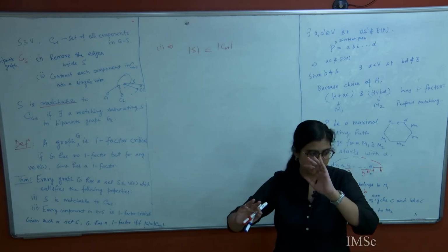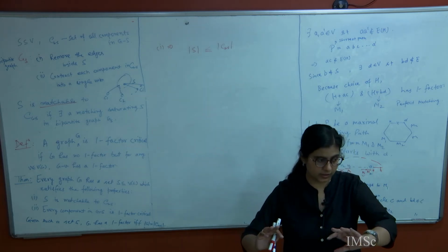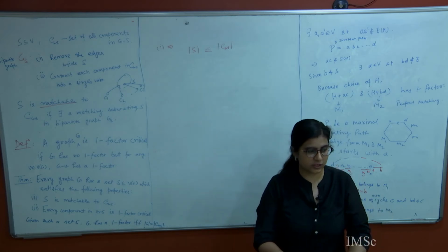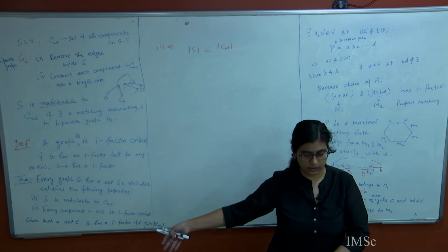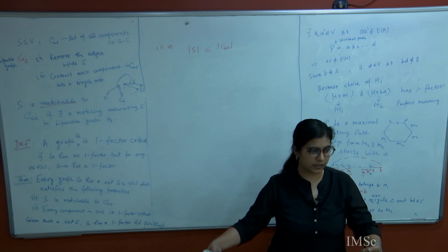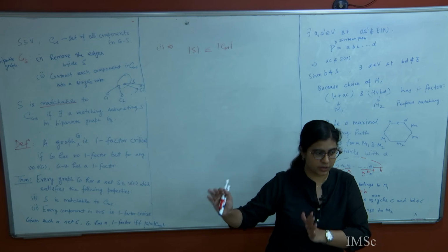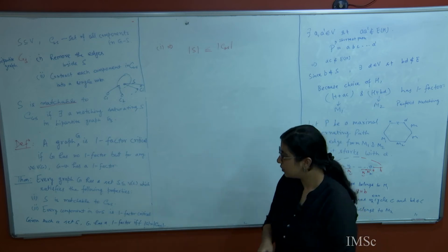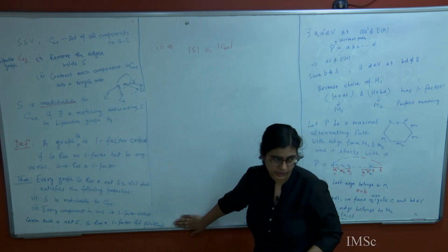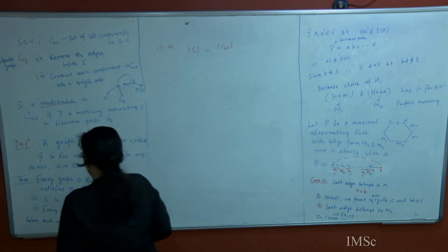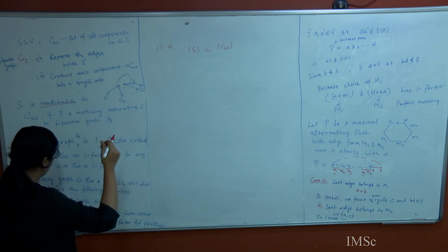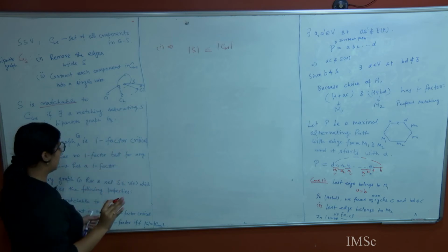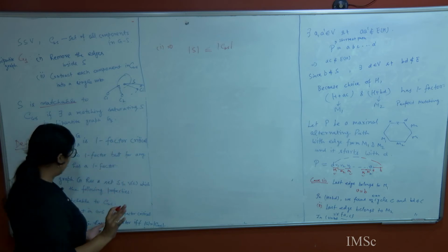One part is the existence of such a set S, and in the second part, if you have such a set S, then can you say the last statement, that G has a one factor if and only if the cardinality of S is the same as C(G − S). Okay. So, let us look at the second part first, because this is easier. Suppose you have such a set S which satisfies these properties 1 and 2.